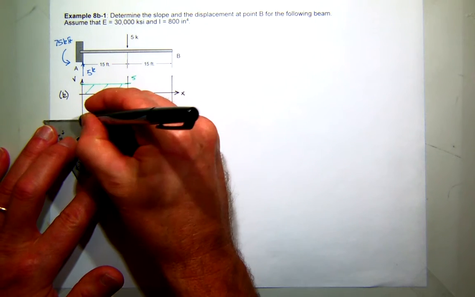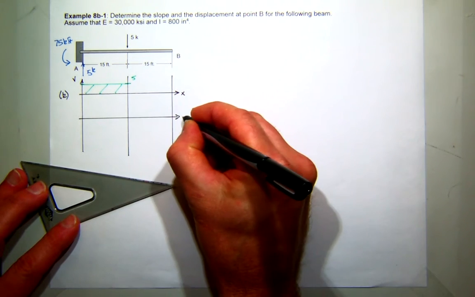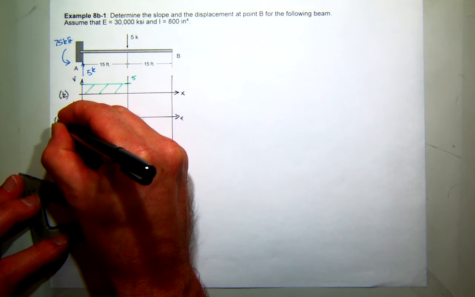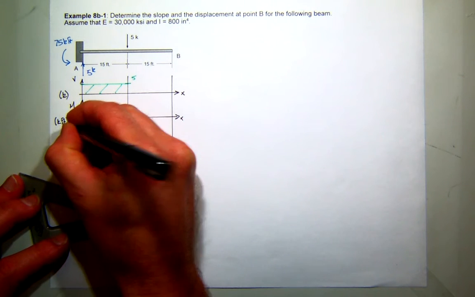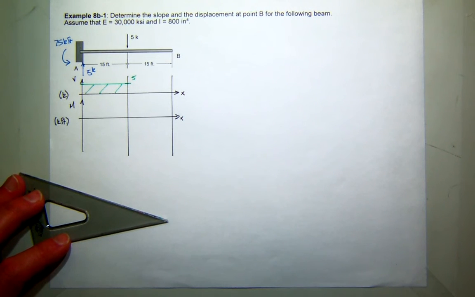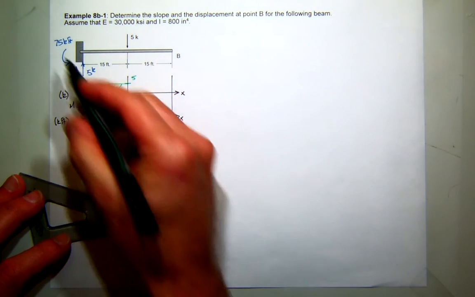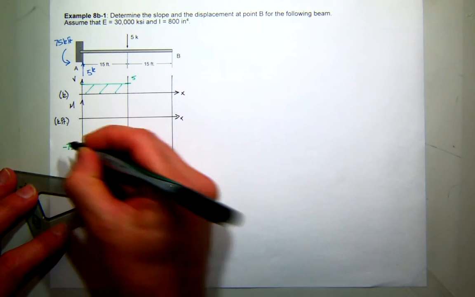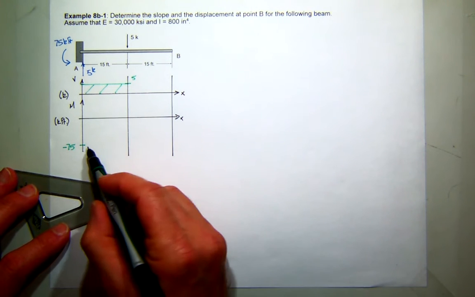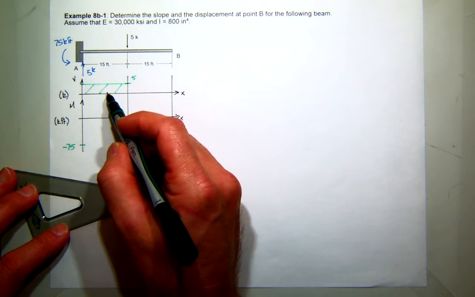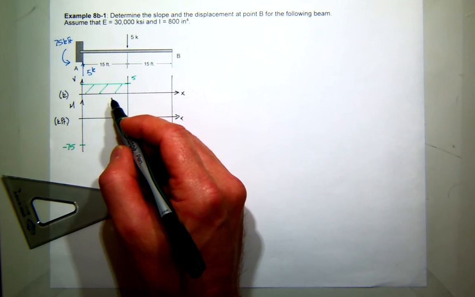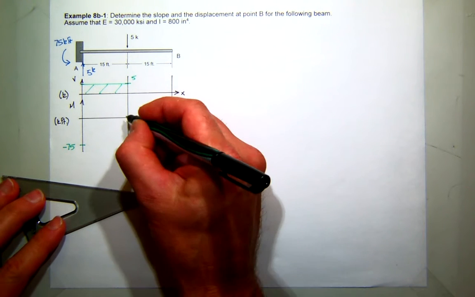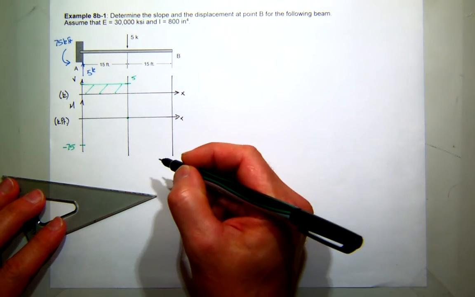The moment diagram, there's my positive X, positive moment. All these values will have units of kip feet. I'm going to start with a bending moment of minus 75. Again, the change in moment is the area of the shear diagram. The area of the shear diagram is a rectangle, 15 feet by 5 kips, so that's positive 75, which brings me to 0.